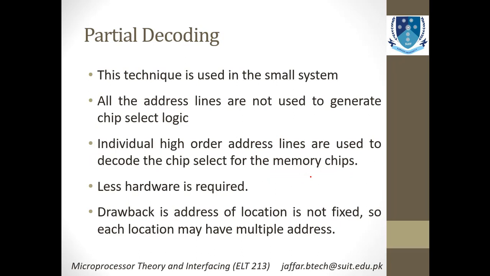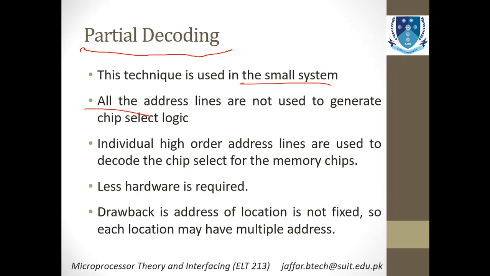But before that, let's talk briefly about partial decoding. This technique is used in very small systems. If you have a small system, this decoding technique is very good for you, because it has a lot of advantages over full or absolute decoding. So this is more compatible with small systems.